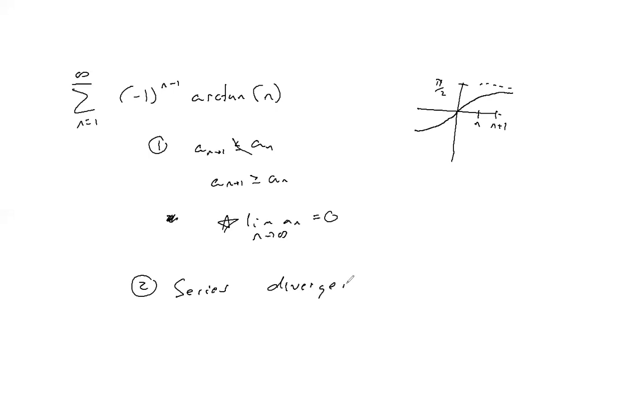We do not say it's divergent by alternating series test. Remember, we never say that. We say it's divergent by divergence test. And if we want to be specific, we could say because the limit of a_n equals pi over 2.